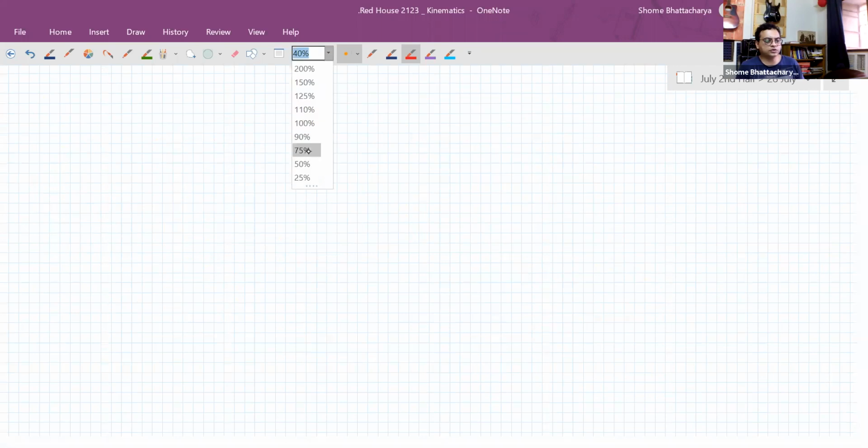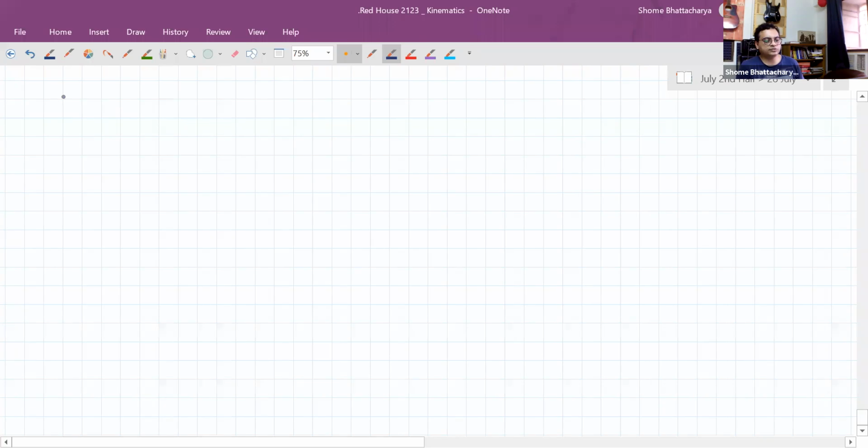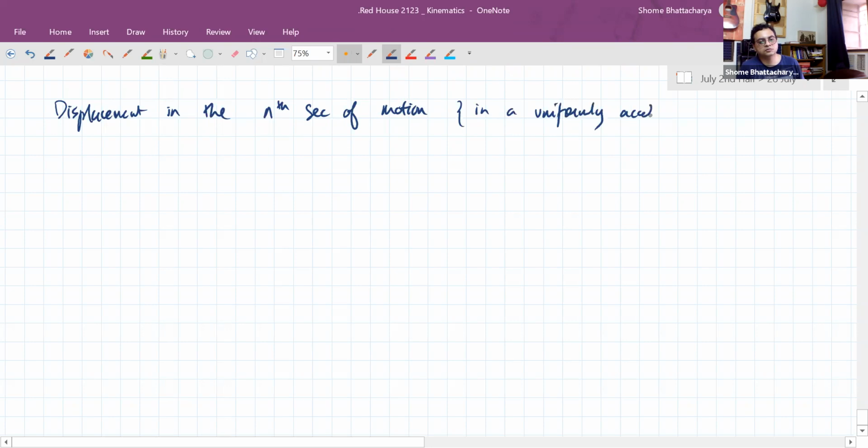Now, another very useful little trick and formula is a direct formula for displacement in the nth second of motion. So first, let's understand what this statement means. So nth second, what does that mean?